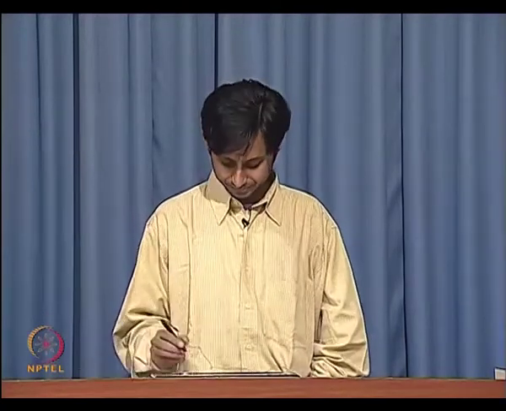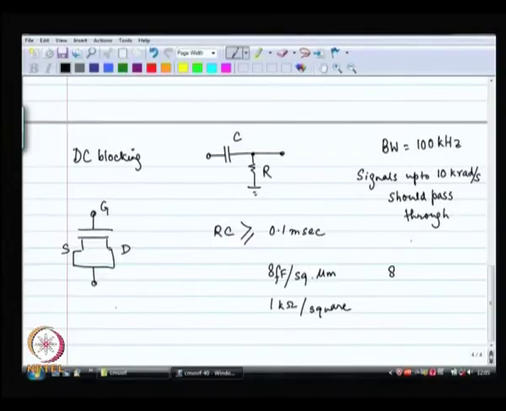Now, let us say you make a resistance of 1 kilo ohm and you make a capacitance of, let us say, 80 picofarads. 80 picofarads means I need 10,000 square microns, means I am going to use 0.1 millimeter by 0.1 millimeter.